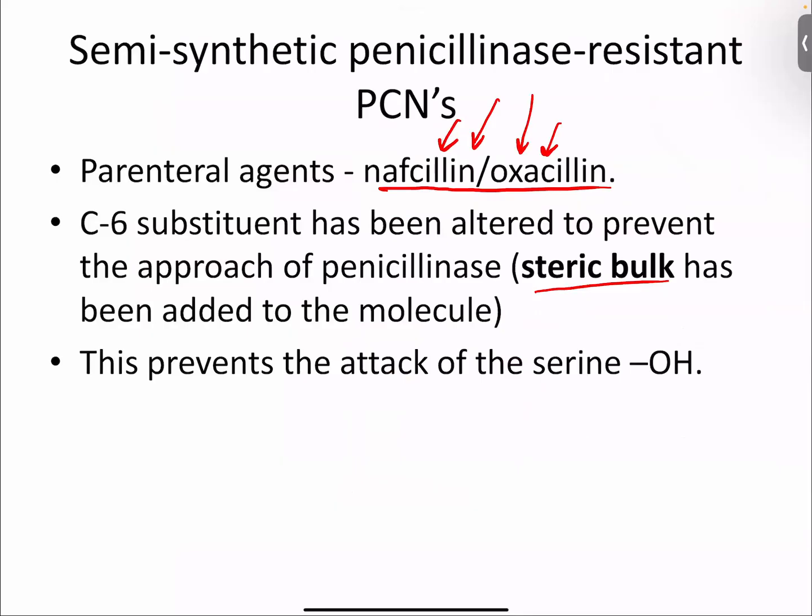And that particular enzyme has nice affinity for penicillin derivatives, benzylpenicillin in particular. But what has been discovered over time is that if you elaborate or increase the size of the substituent coming off the 6th position in your beta-lactam, in your penicillin, what you can do is you can protect the beta-lactam bond from that particular beta-lactamase, and it will retain activity.